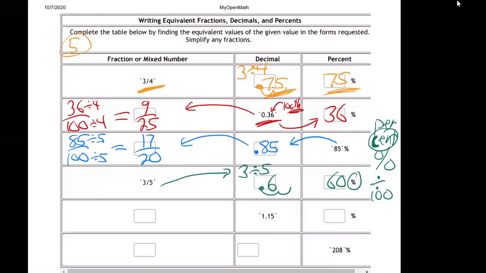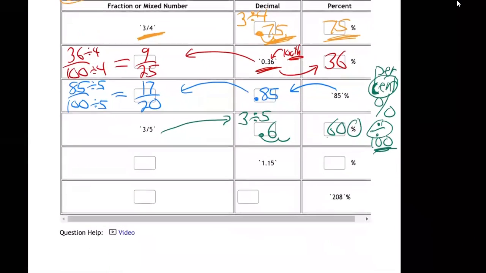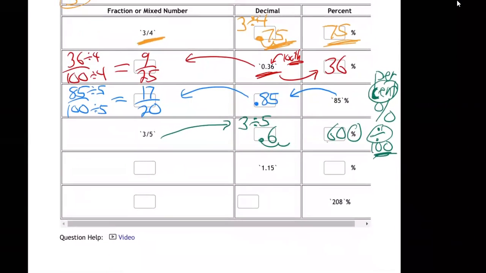So percent is per 100, which means divide by 100. 60 divided by 100 would be 0.6. When you write that percent symbol, you're saying how many per 100, how many divided by 100? Well, 60 divided by 100 is the same as 0.6, isn't it? That's the meaning of the symbol.